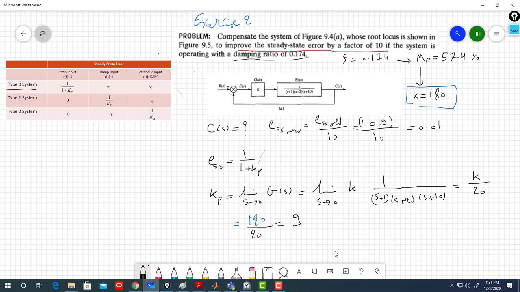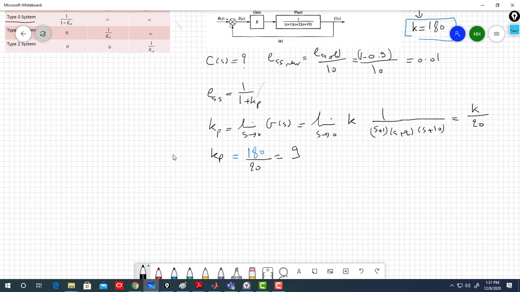So Kp equals 9. Then the steady state error equals 1 over 1 plus 9, equals 1 over 10, equals 0.1.